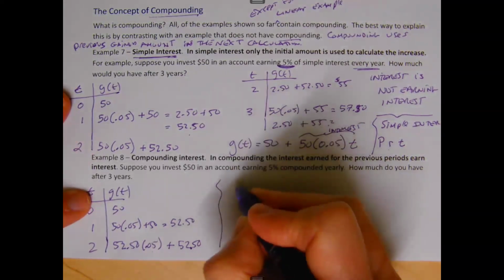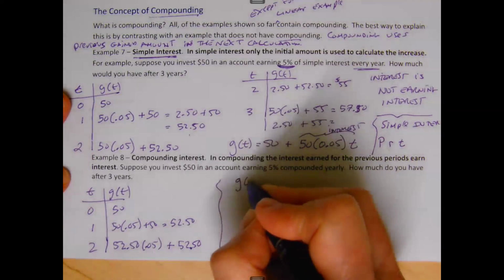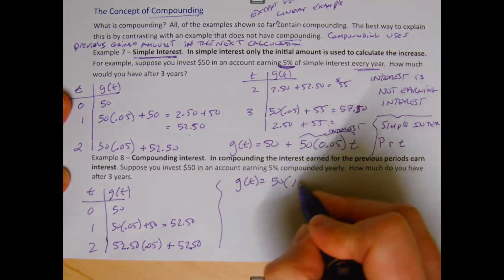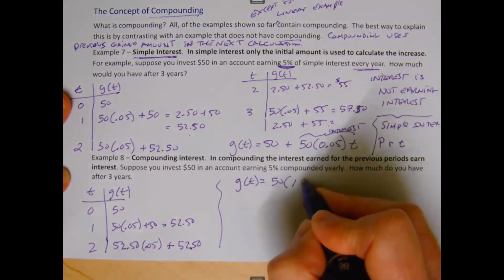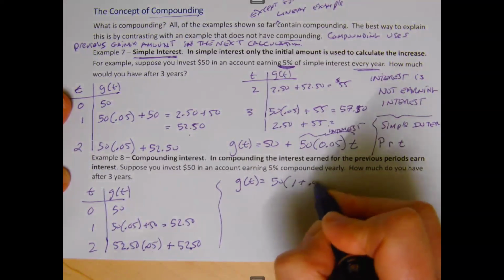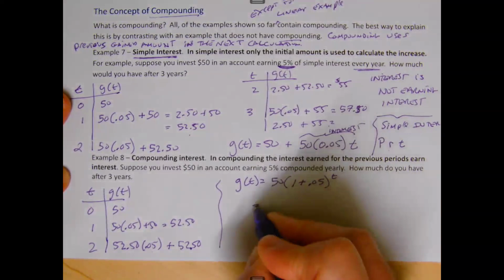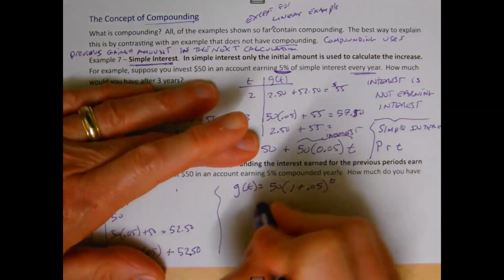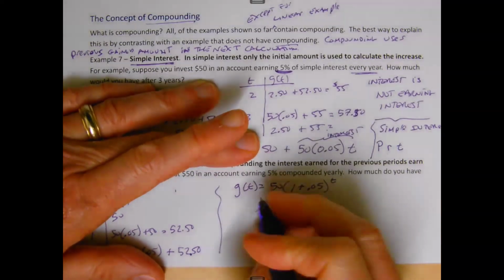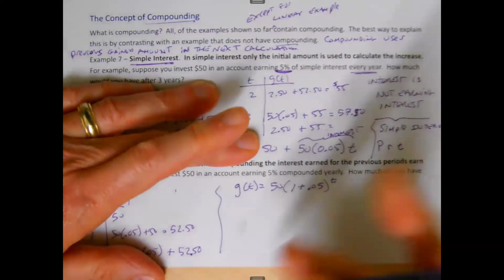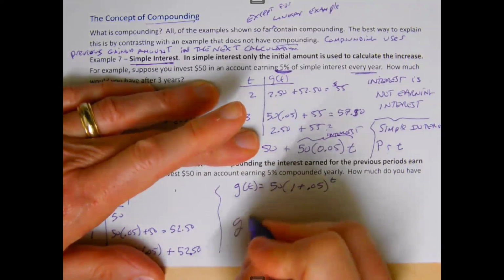So the formula for this one is going to be my original amount times 1 plus my growth rate, to the power T. So if I want to know how much I get in 3 years, all I need to do is use this formula that I've created.